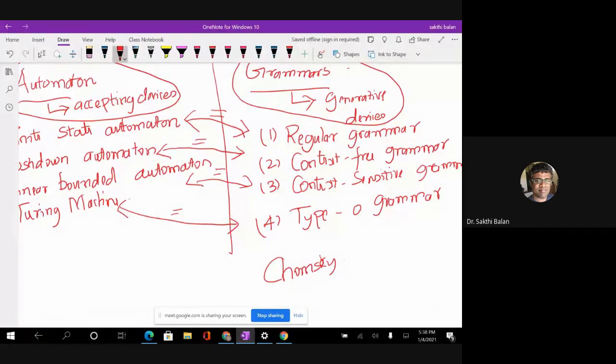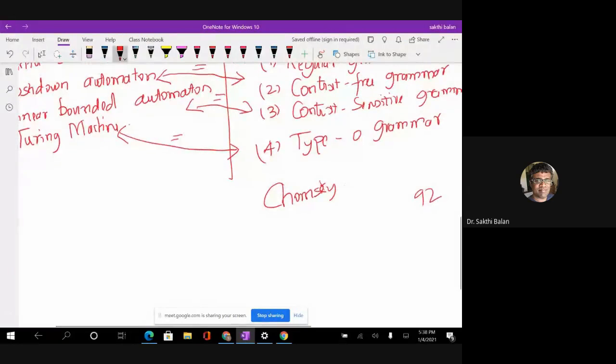He is also well known for cognitive science and psychology, and he is also well known as a leftist kind of person, right? He is already 92. He is living in the US, and he has done enormous work on these linguistic topics. So actually all these grammars were defined in linguistics.